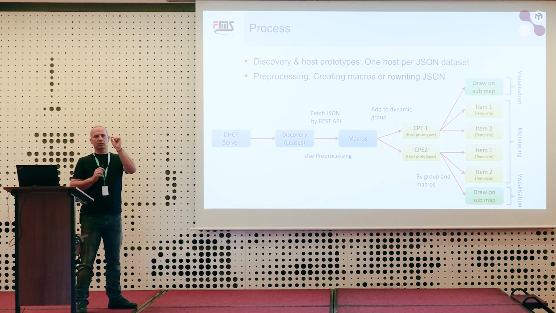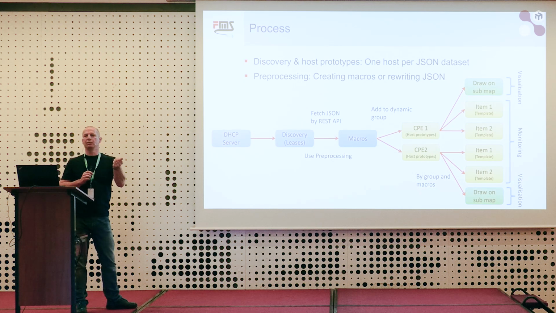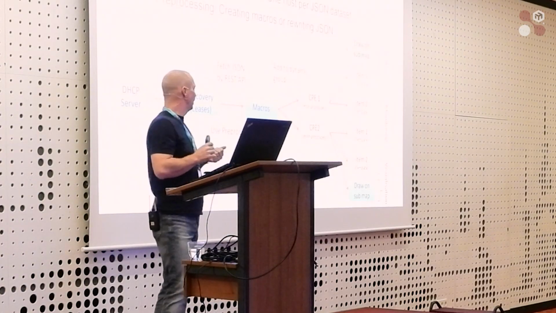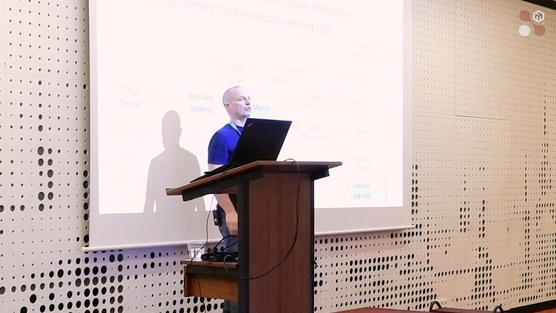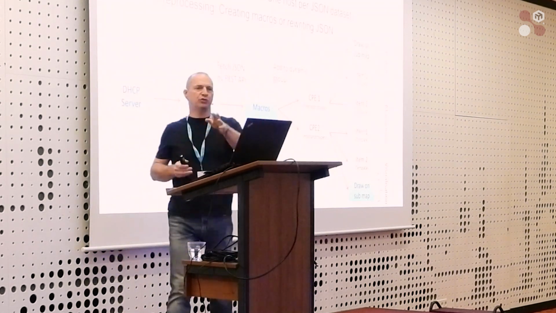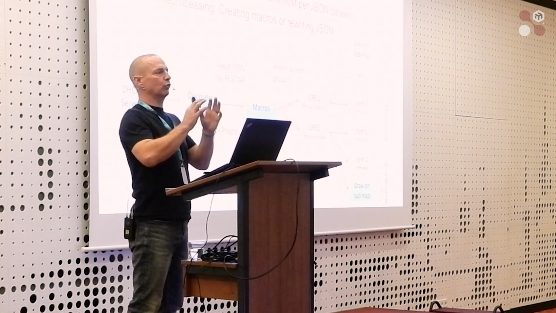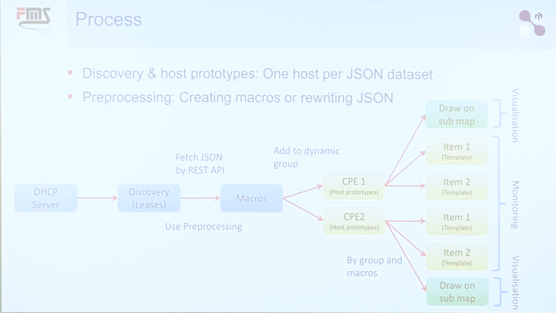So you have your customer's CPE available in the monitoring system the very moment the customer plugged in and the DHCP lease was issued. And when we do that, we add a dynamic group to those hosts that will help us to do what you see in the green box at the end. We can draw that host on a specific submap that will be the visualization part of what we wanted to achieve.